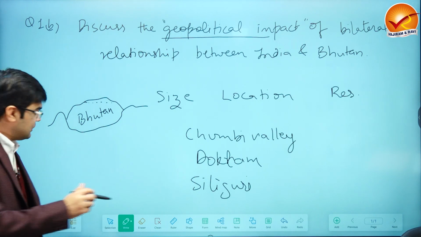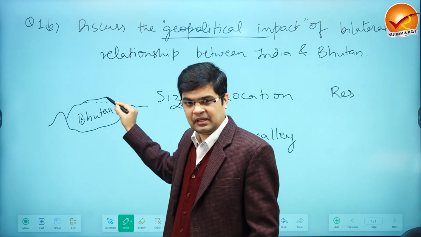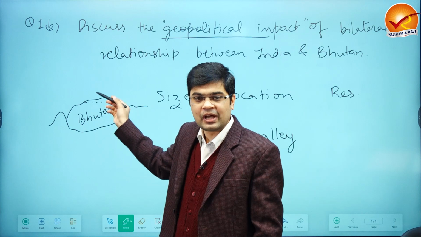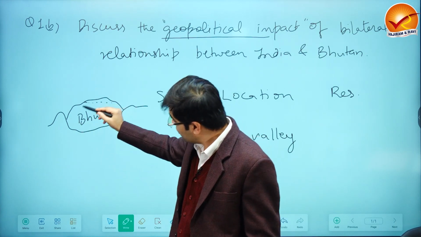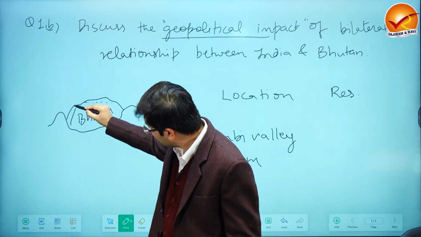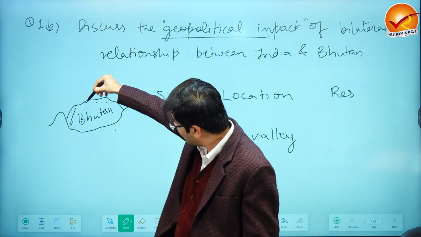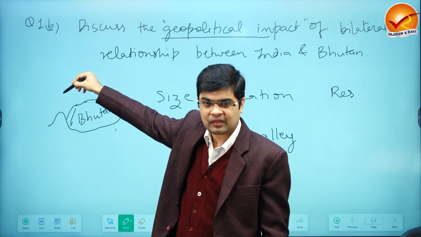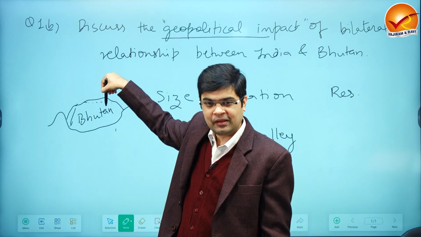This is an area which is a grassland. What China is offering Bhutan is that you provide us this area, and you take a larger area in this region. What is the advantage to China?